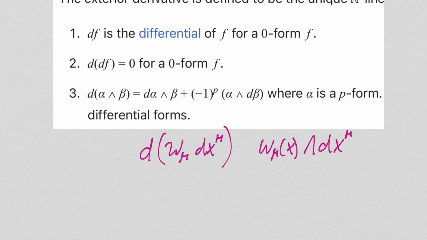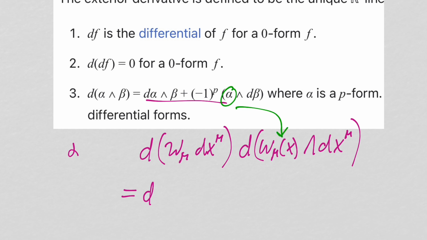So we're actually looking for the exterior derivative of this thing. And now that just equals, we follow the formula where alpha is this thing and beta is this thing. So beta is a one form and alpha is a zero form.